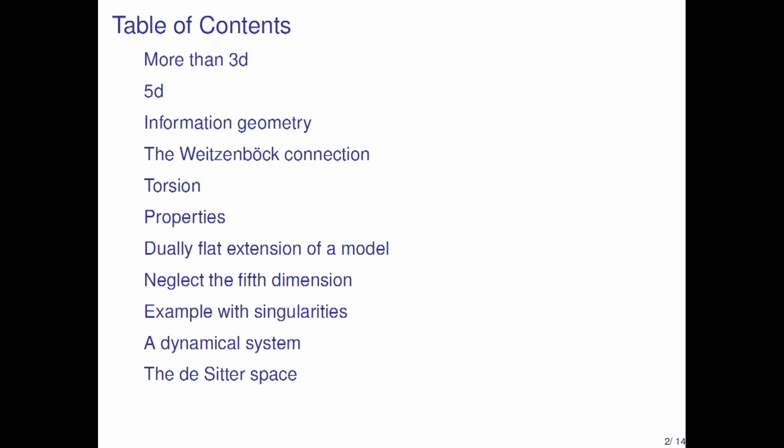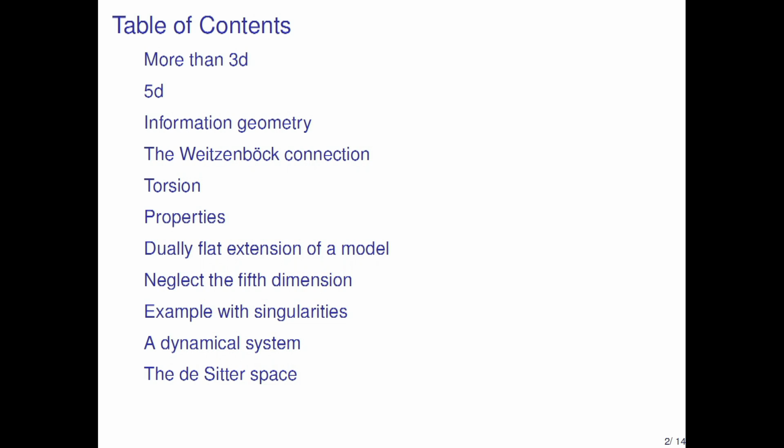Every slide has a title, so I only have 11 slides mentioned here. I will start with saying something about the dimensions, and then I switch to information geometry and the Weizenböck connection, torsion and properties.